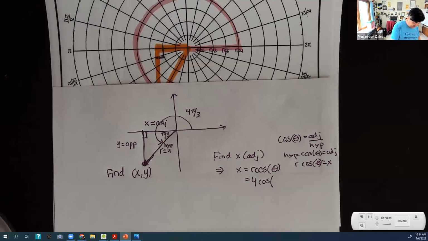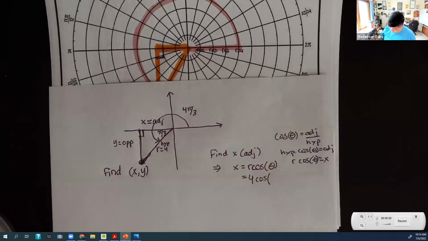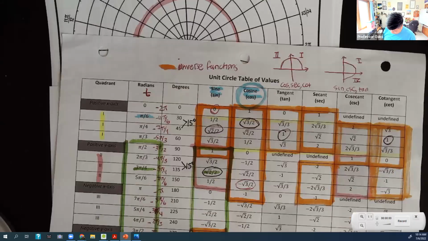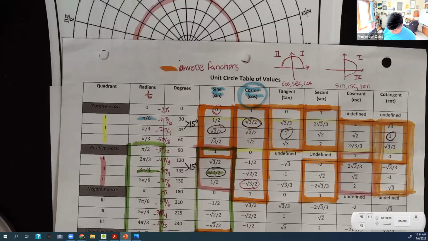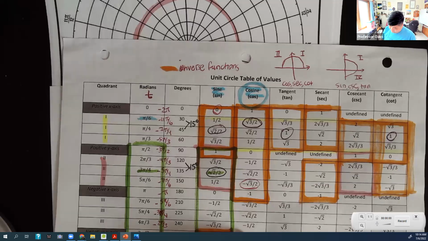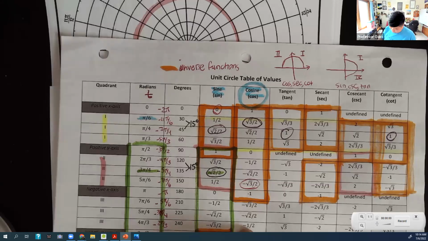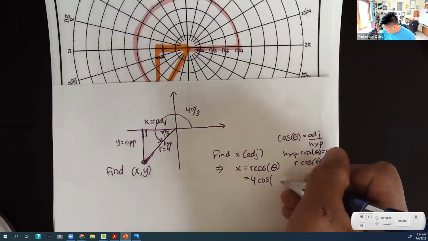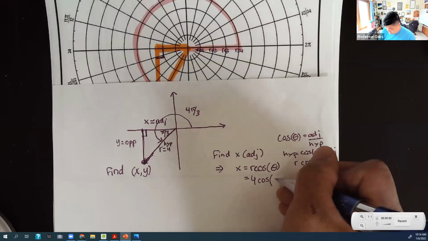I did want to remind you about something now, but here it is, this right here. And so cosine of 4 pi over 3 is negative a half. So if you do that, and by the way, if you just said the pi over 3 and then made it negative later, then that's fine.